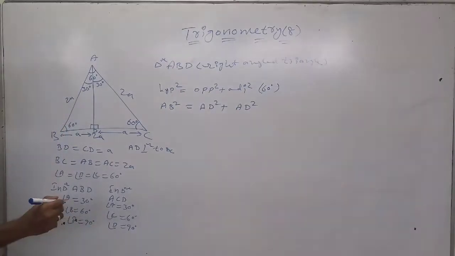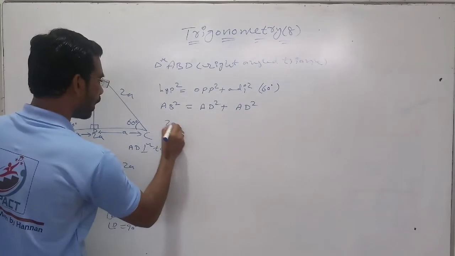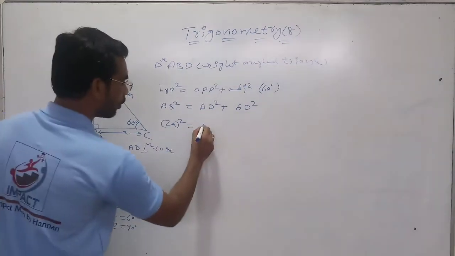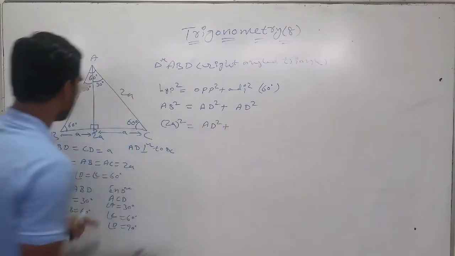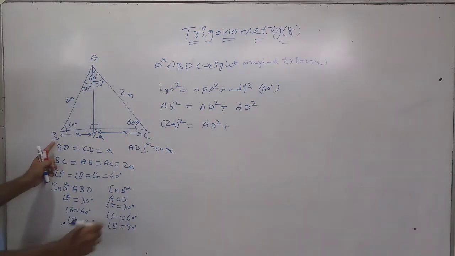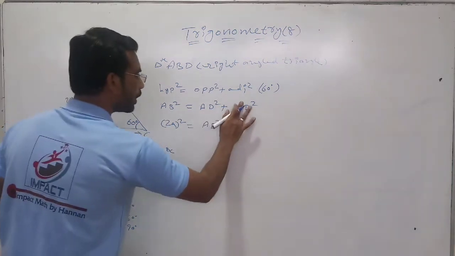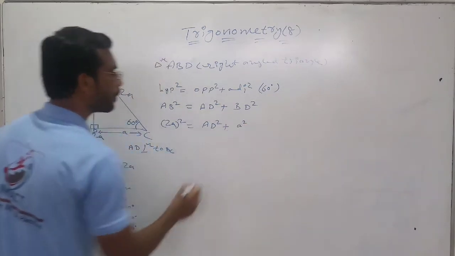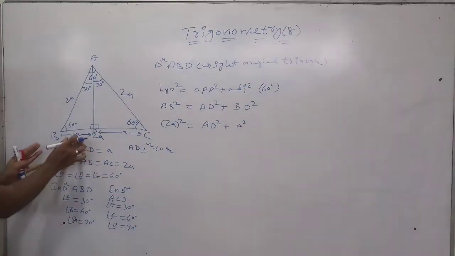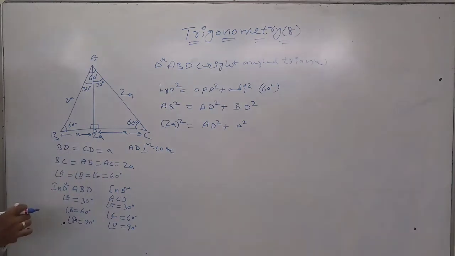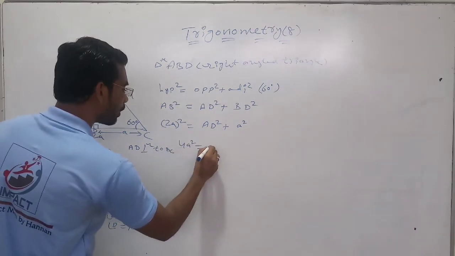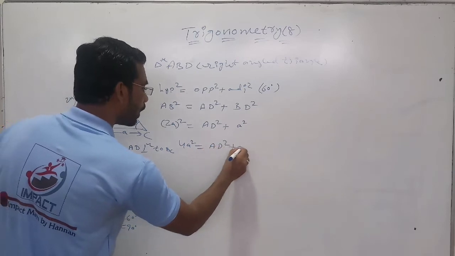Now hypotenuse, how much is it given? 2a whole square is equal to AD square plus BD square. How much is BD square? a square, because a plus a how much will it be? 2a. So now 4a square is equal to AD square plus a square.